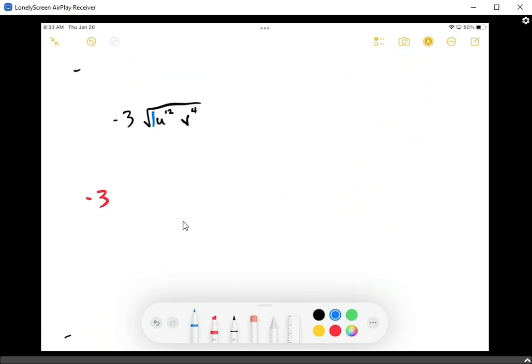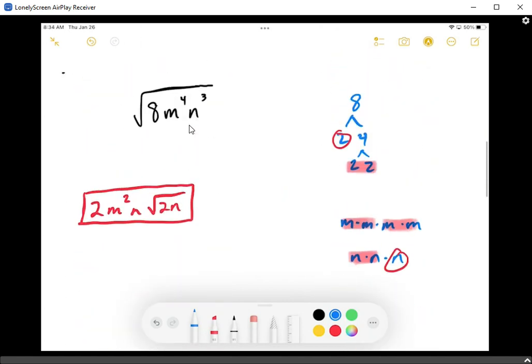But what we are worried about is all of these variables. We've got u to the 12th power, v to the 4th power. V to the 4th power we can deal with, right? That's just v times v times v times v, 4 times. I do not want to write out 12 u's, because that's just going to take a long time. So I want to go back to that trick that we talked about.